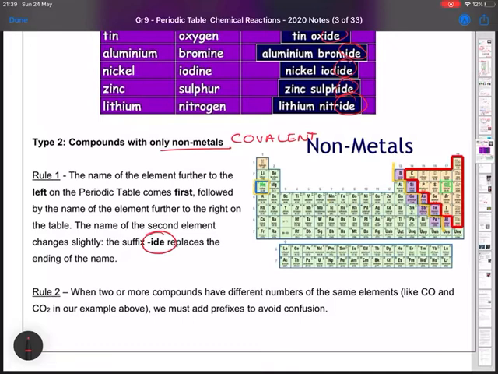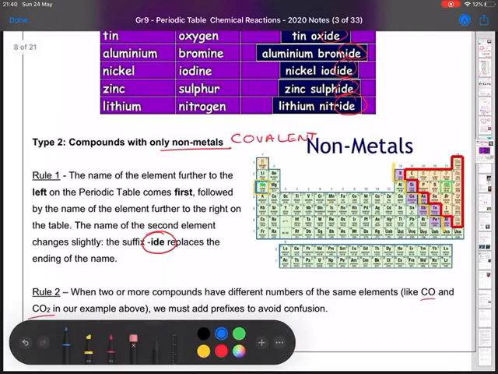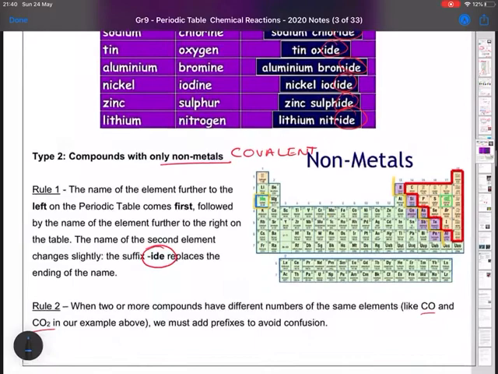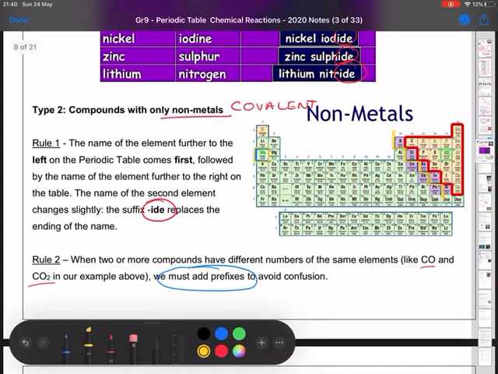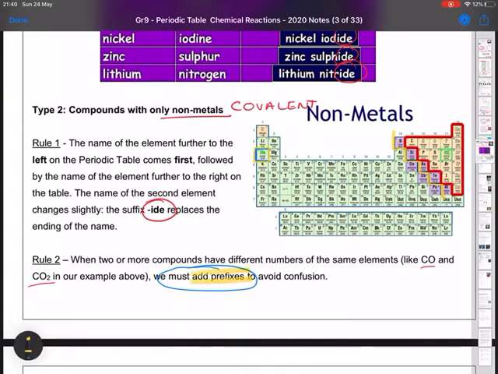When 2 or more compounds have different numbers of the same element, like carbon monoxide and carbon dioxide, we add prefixes to avoid confusion. So rule 1 is quite similar to the first one that you had for ionic compounds, whereas here we do add prefixes. So please highlight that. Add prefixes. And you add the suffix "ide," and whatever's on the left comes first.